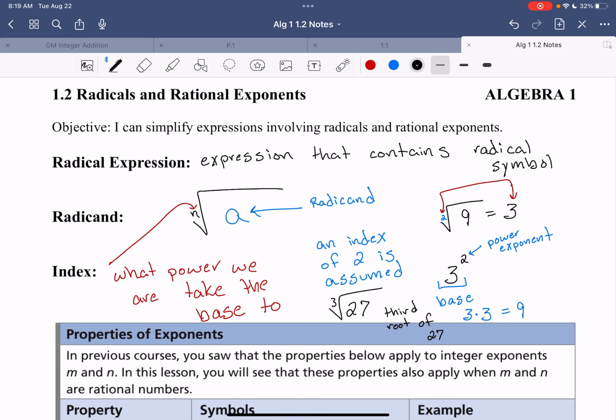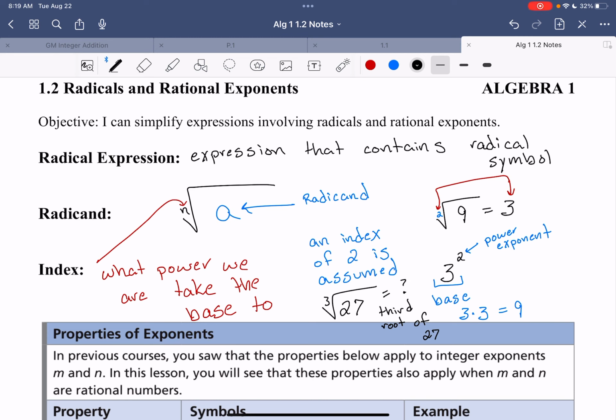I'm looking for that same idea. What number to the third power equals 27? Let's not put an equals there because it's not really equals. Sorry guys, should have left a little more room. What number to the third power is 27? That's what this radical expression is asking because we're doing to the third power. We could be dealing with the fourth power, the fifth power, and so forth.